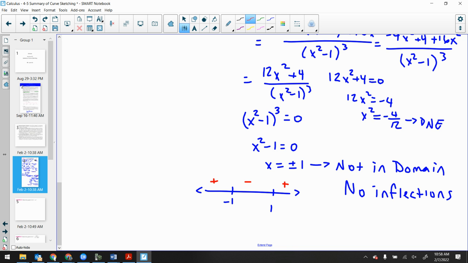This guy here, 12x squared plus 4 over x squared minus 1 cubed. So that means it's concave up from negative infinity to negative 1, and then again at 1 to infinity. And concave down from negative 1 to positive 1.